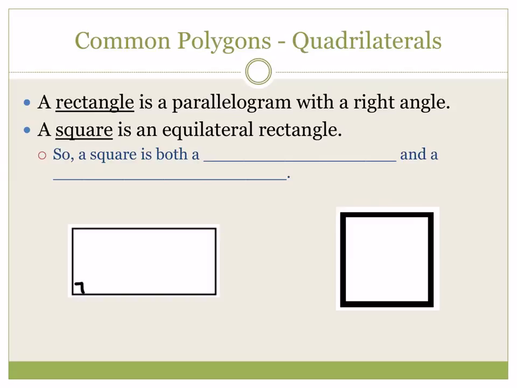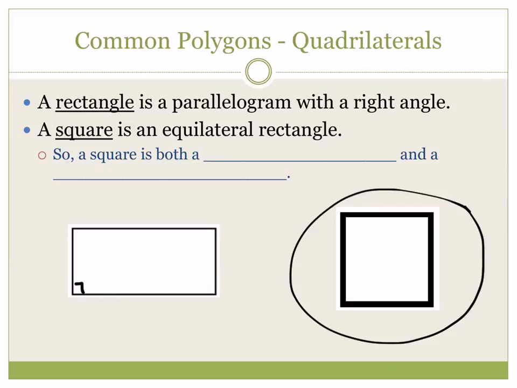Okay? A square is an equilateral rectangle. That may bother you a little bit. I could give you this shape, and we could all agree, barring anything weird looking in the picture or scaling being off, that it's a square. But it's also a rectangle. Why?